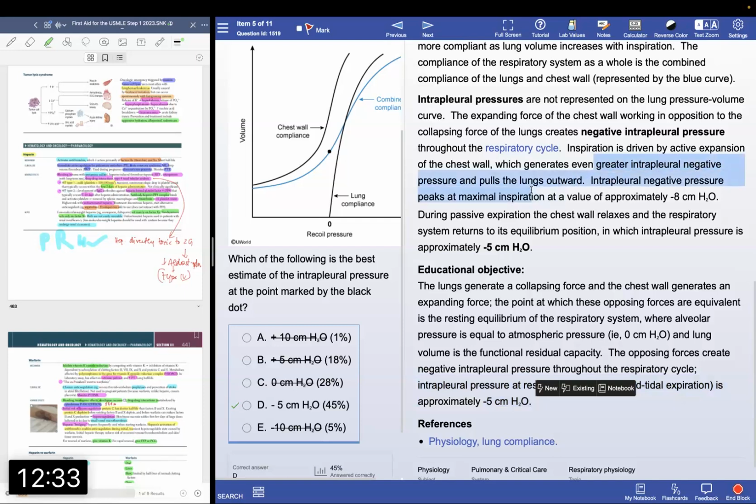Inspiration is driven by active expansion of the chest wall, which generates an even greater negative intrapleural pressure. More negative, yes. Agreed, okay. And pulls the lung outward. Intrapleural negative pressure peaks at maximum inspiration at a value of approximately -8.